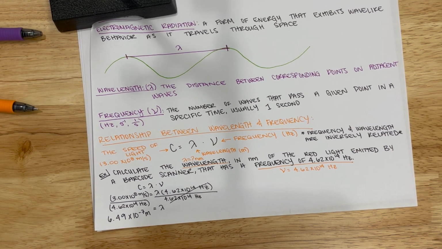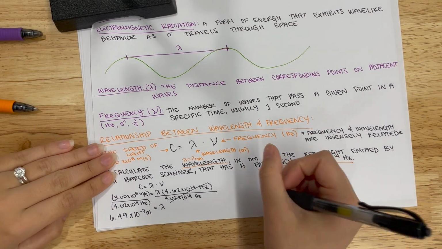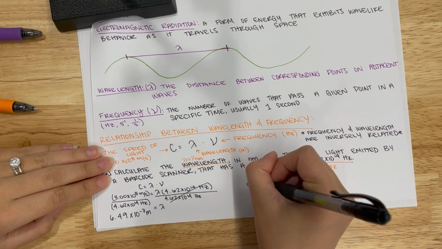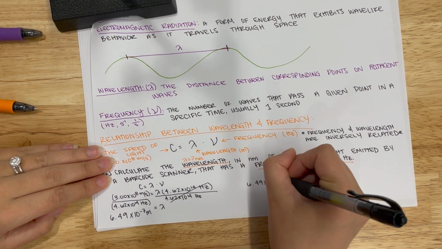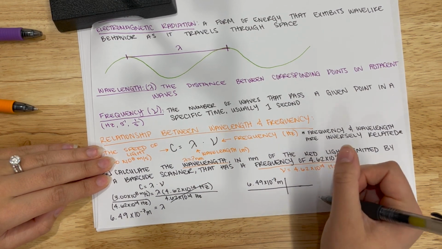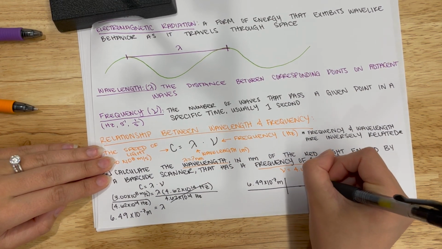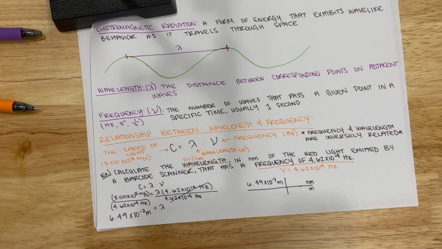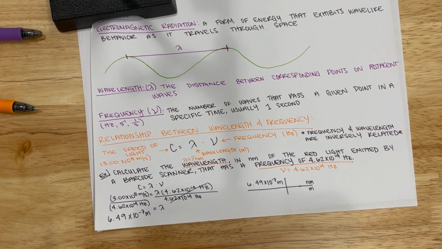Now, hopefully at this point you're like, I think we have one more step, because this is not in our desired units. We need to convert this. So if we take 6.49 times 10 to the negative 7 meters, and we convert, we're going from meters to nanometers. Now this is a little bit of a throwback to when we learned those prefixes. Hopefully nano, that N makes you think of 9.